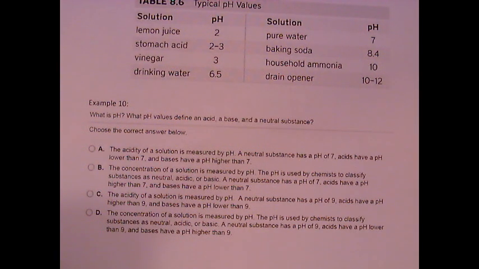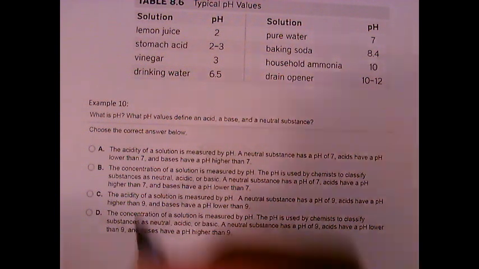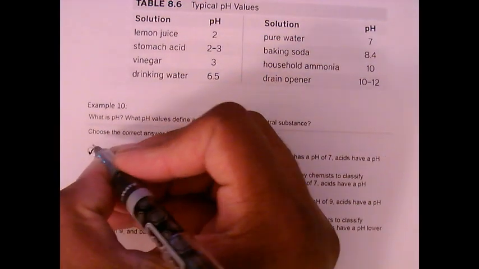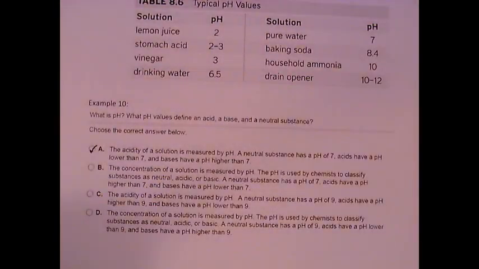You have to pick which one fits that question, and in this case it's this one, because we did talk about the acidity of a solution being measured by pH. A neutral substance has a pH of 7. Acids have a pH lower than 7, and bases have a pH higher than 7.